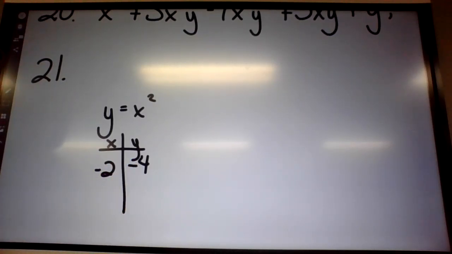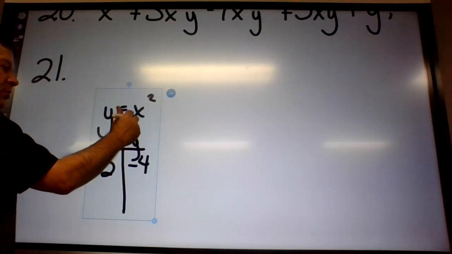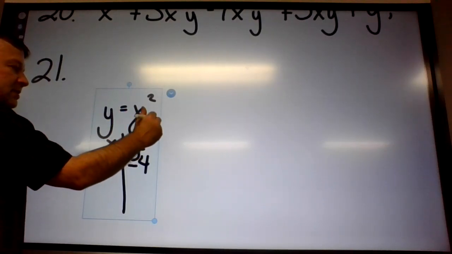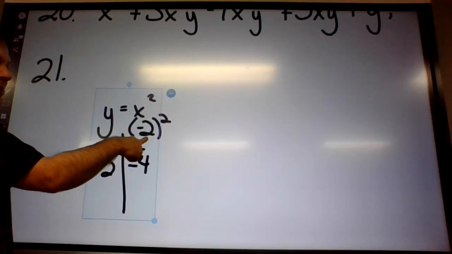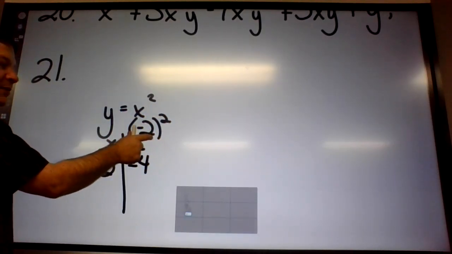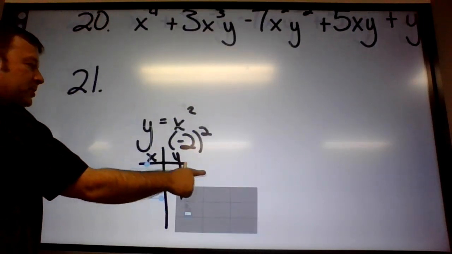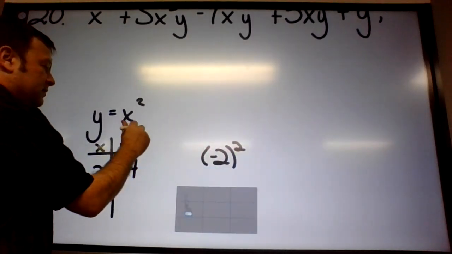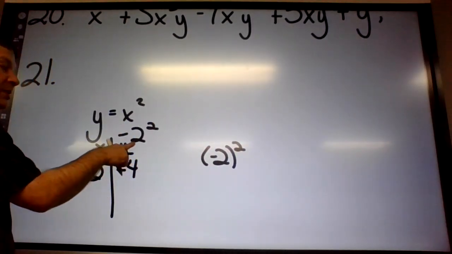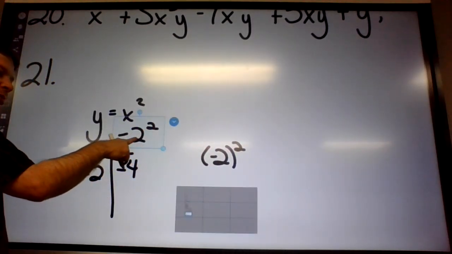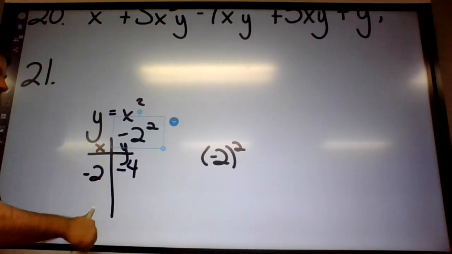Why is this +4? We're squaring all of x. If you're using your calculator, you would have to put parentheses, because you want to square the negative, not just the 2. If you don't put parentheses, it will not square the negative. This would come out as -4, because order of operations: square first, then the negative.